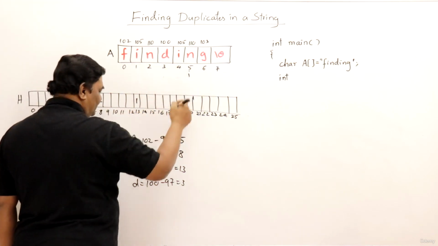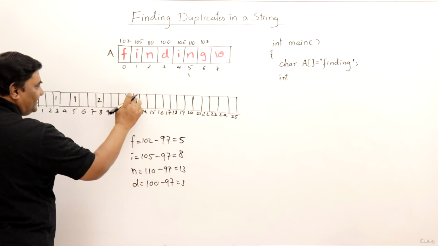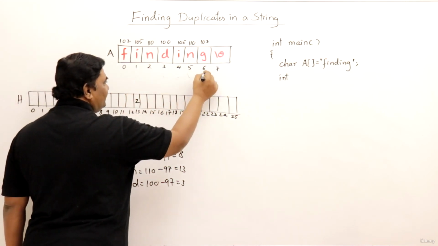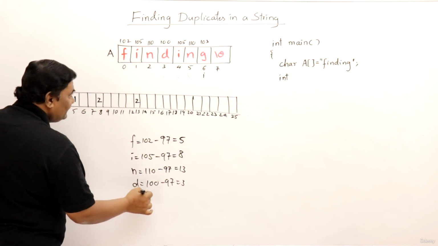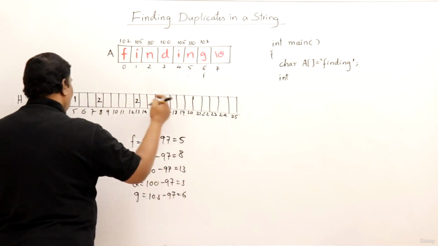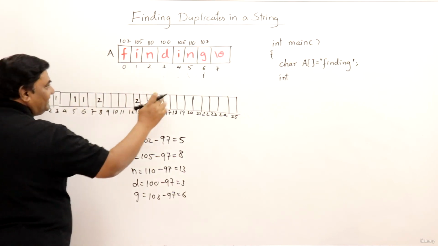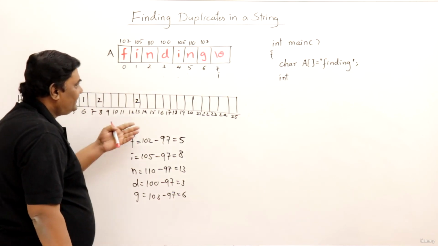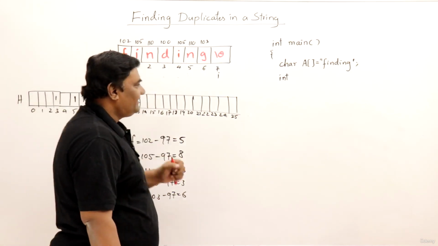The next N. 13. Go to 13. It's already 1. Make it 2. Then next is G. G's ASCII code is 103 minus 97, so this is 6. Go to index 6 and increment it. Then next is null. So that's all. We have finished the string.